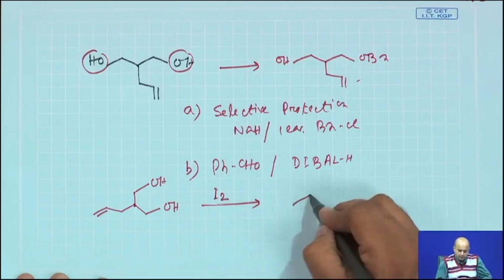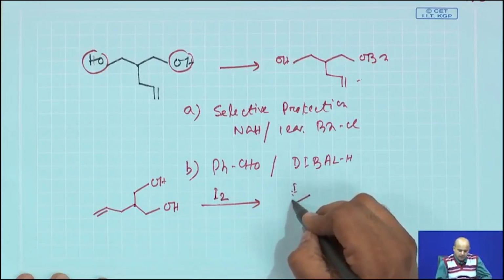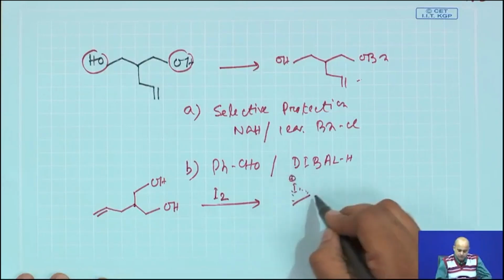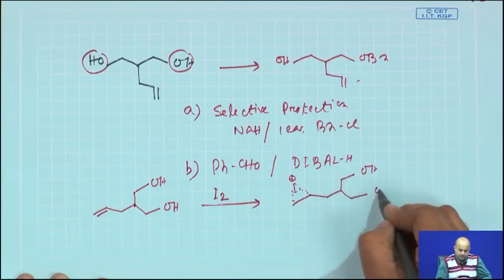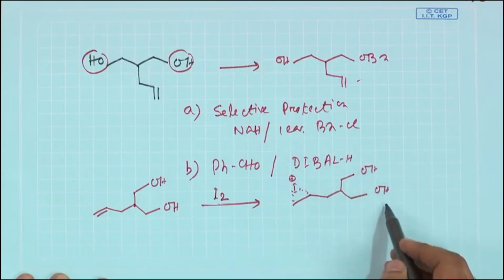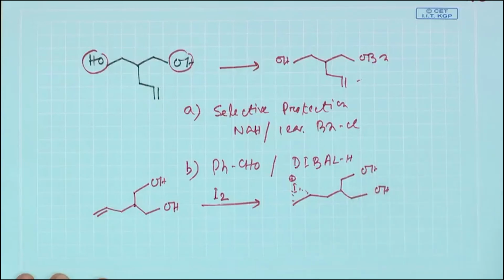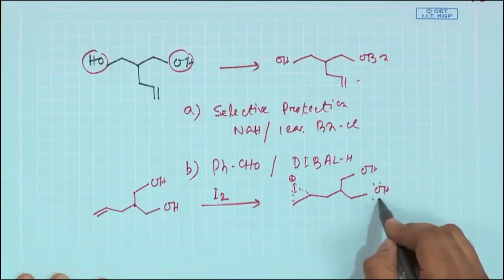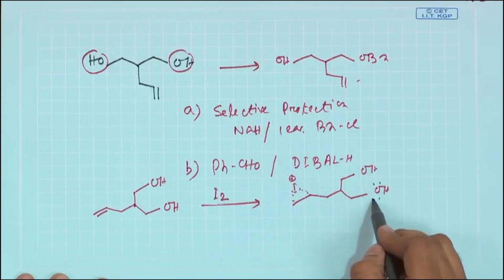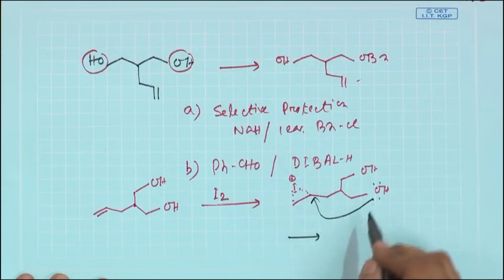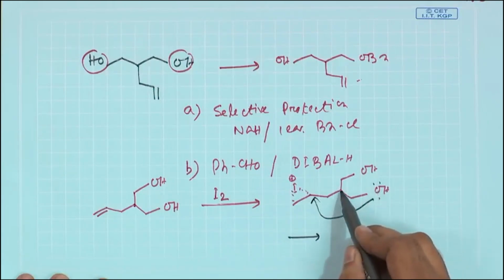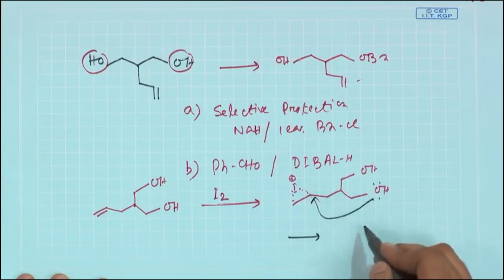This iodine will basically give you an iodonium ion first, and then this compound has two equally reactive CH2OH groups, which act as nucleophiles. Now, these nucleophiles will normally try to react in an intramolecular fashion to open up this iodonium ion, and then what do you get? You get a 1, 2, 3, 4, 5 member ring as the main product.